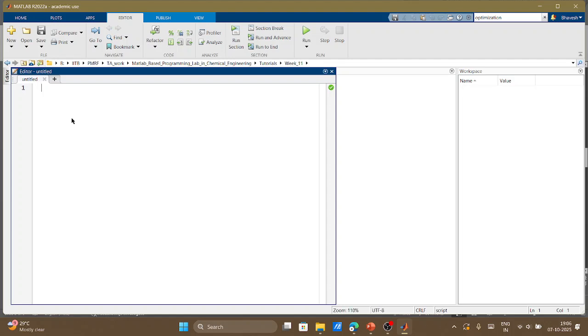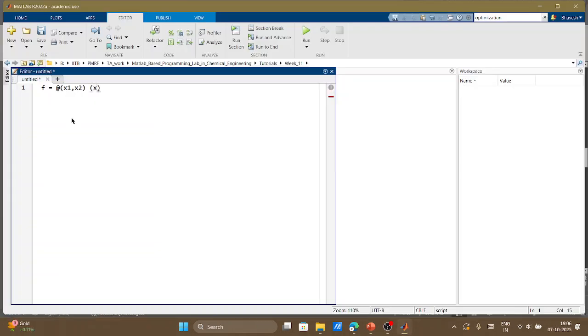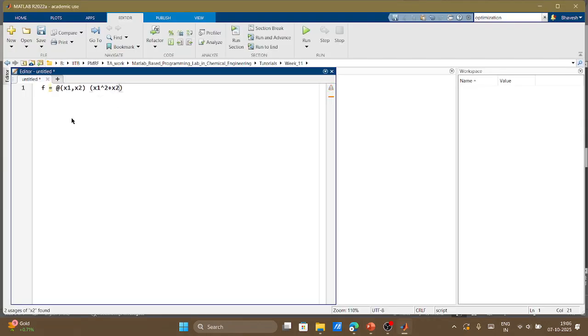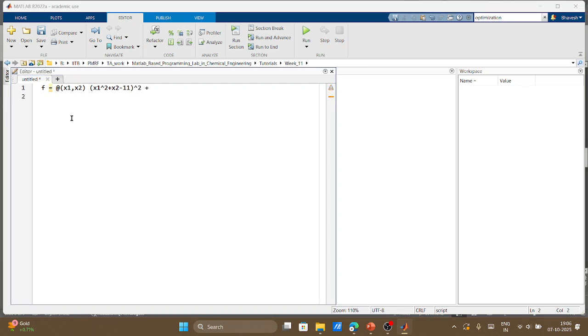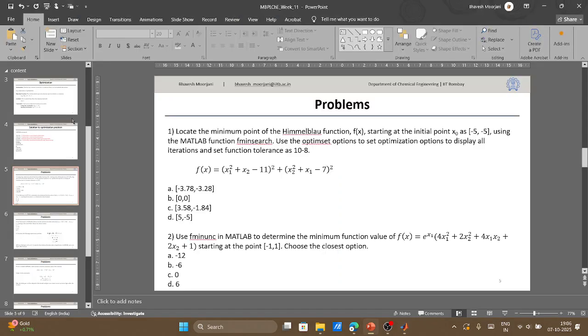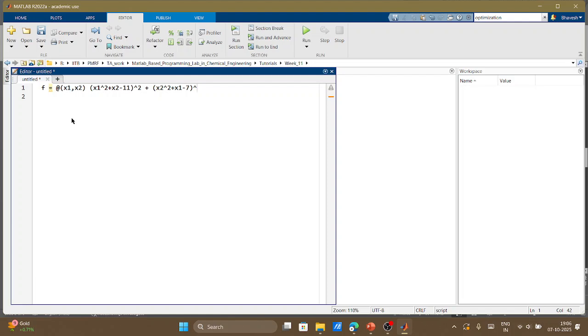Okay, let's say f is equal to @x1 x2, and your function is (x1 square plus x2 minus 11) whole square plus (x2 square plus x1 minus 7) whole square.